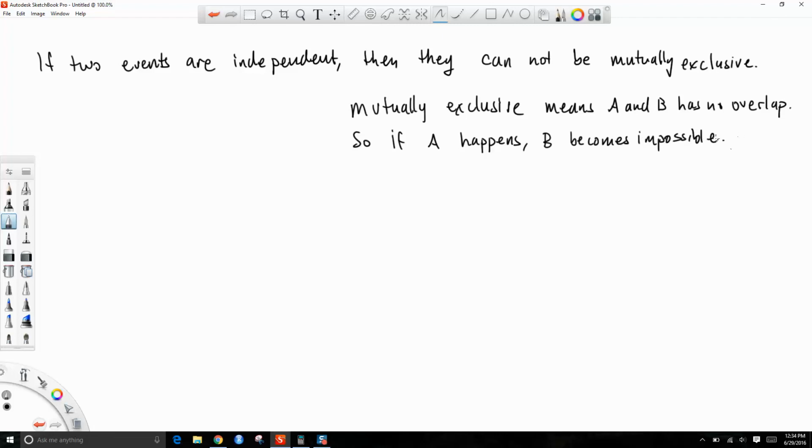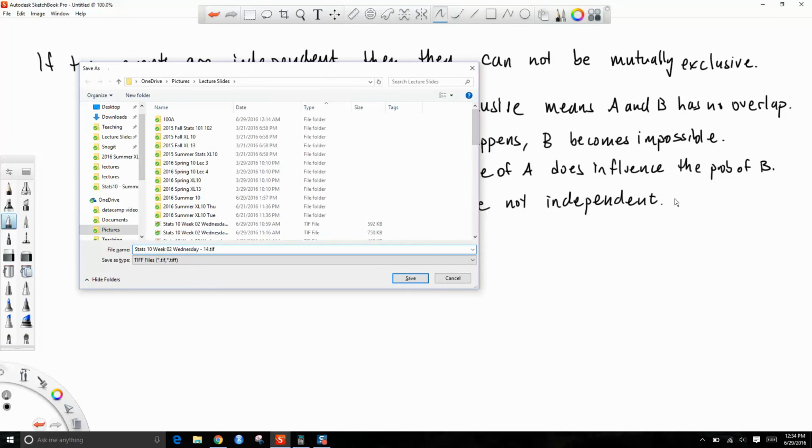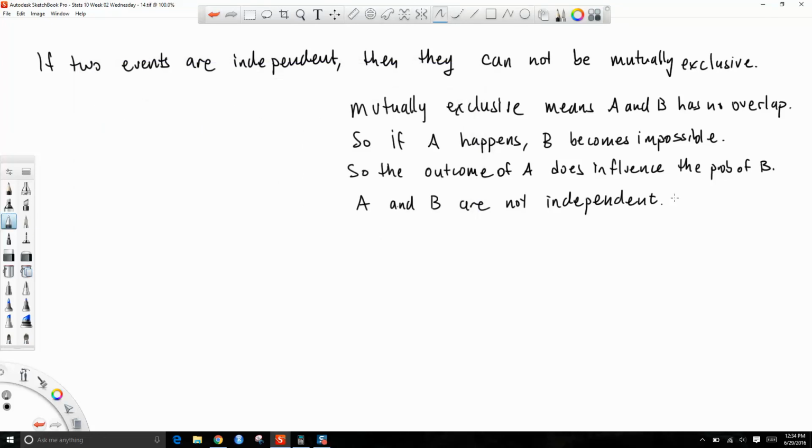So that means the outcome of A does influence the probability of B, which means A and B are not independent. Because independent means the outcome of A has no influence on the outcome of B, or that the outcome of B has no influence on the outcome of A.